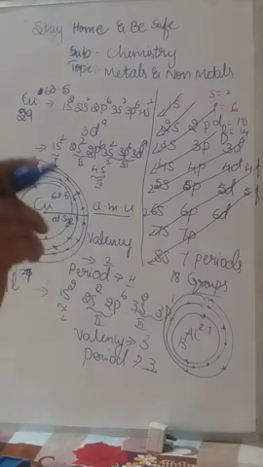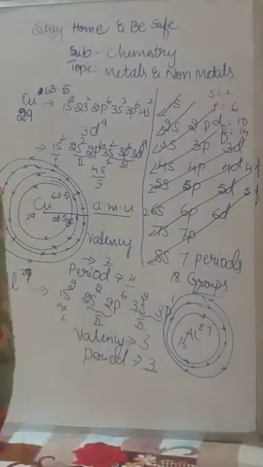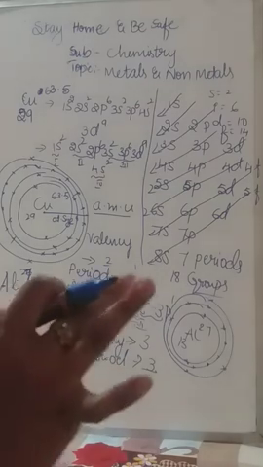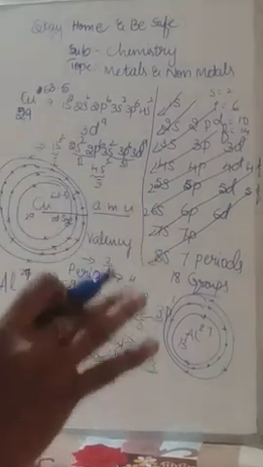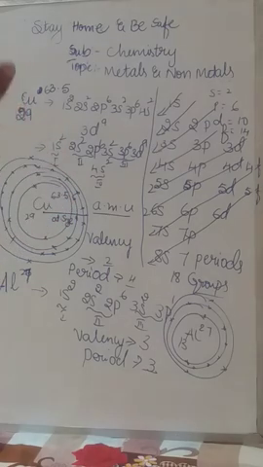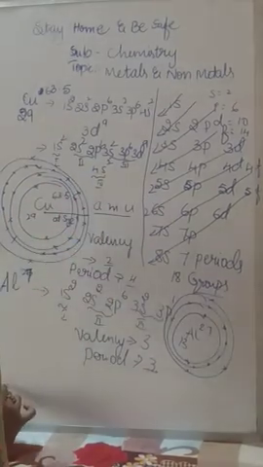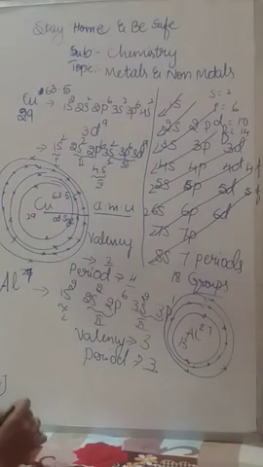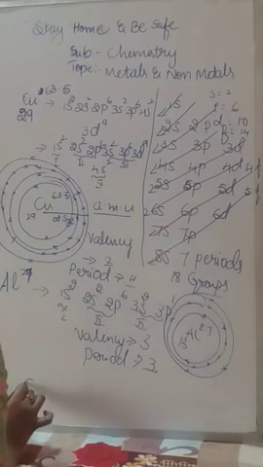Now I will give you some homework. Hope you will understand better how to write the electronic configuration, valency and period. You have to write the atomic structure, valency, period and electronic configuration of the elements and send it to me on WhatsApp. Take these elements. The first one is oxygen.